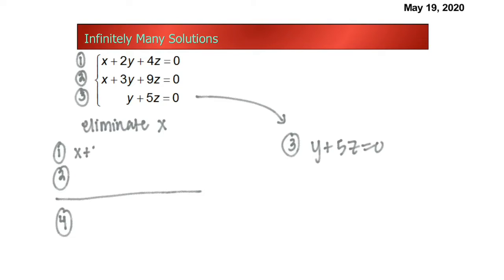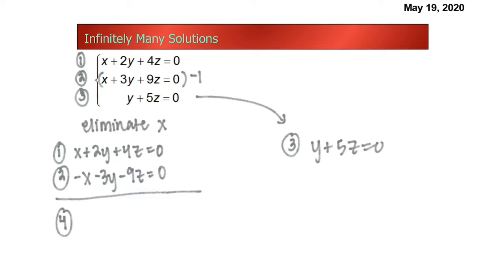So I've got equation 1, x plus 2y plus 4z equals 0. Equation 2, I'm going to take this and multiply it by -1 so that I can add the two equations. I prefer to add because personally when I subtract I do make some mistakes that aren't necessary.